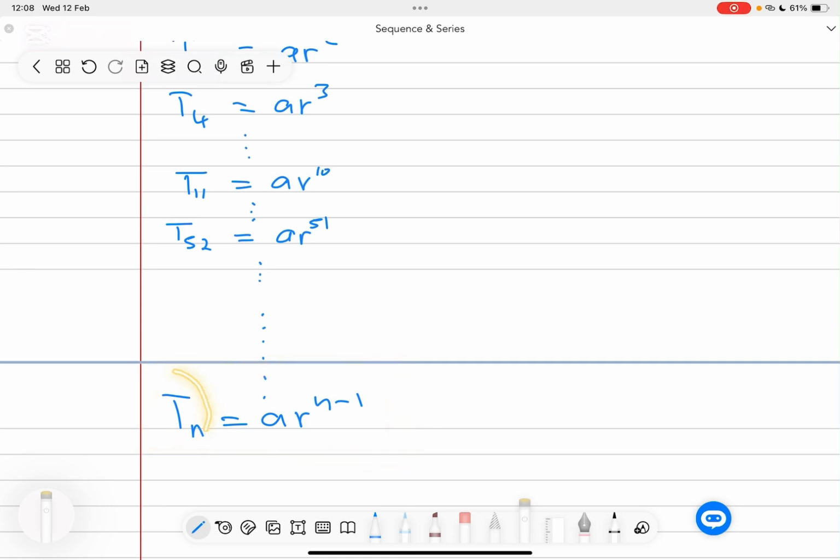In other words, this nth term, Tn, is the same as a formula that defines any term in the sequence. So I'm just going to write the statement to say the nth term, which is Tn, is actually the general formula, meaning it's a formula that can assist us to find any term in the sequence.